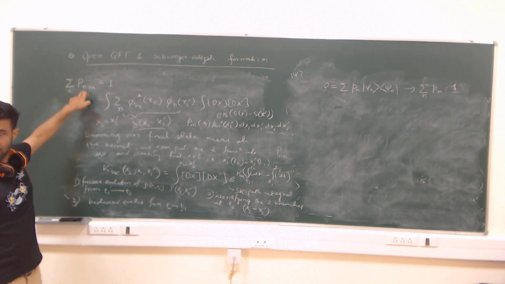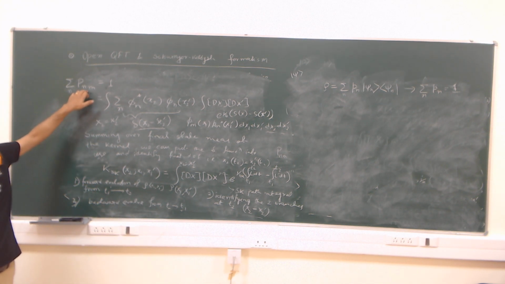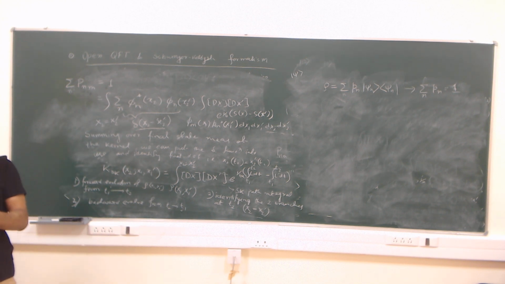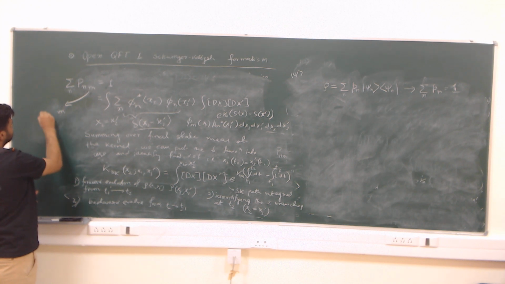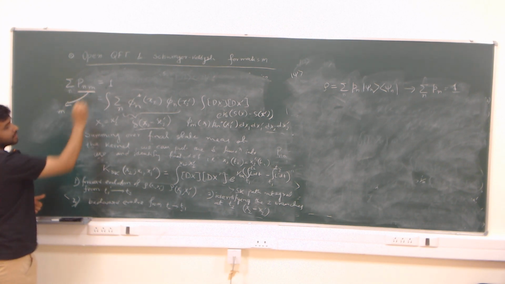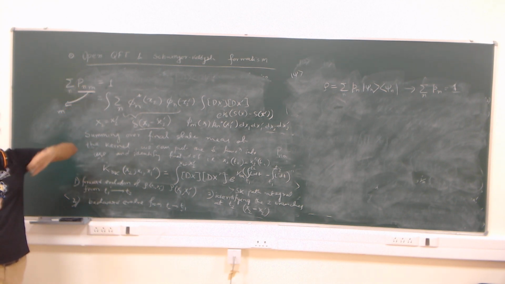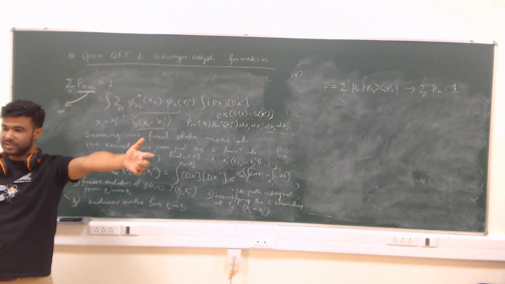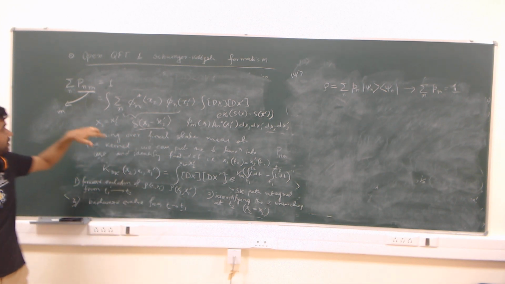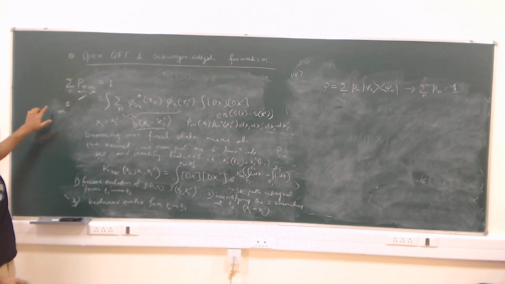If you keep the m fixed, then the total probability of jumping to all the possible energy levels should be 1. That is equivalent to that expression.